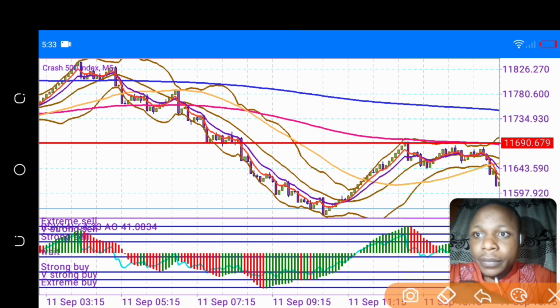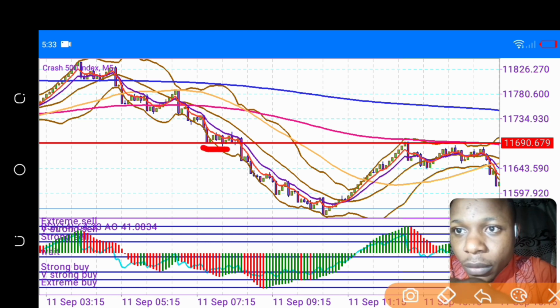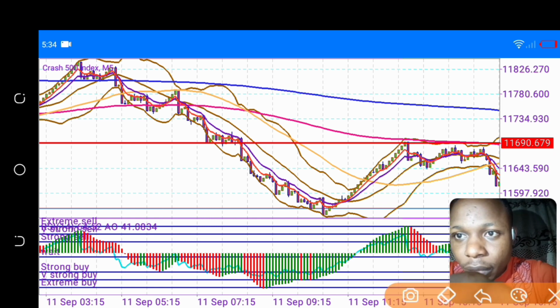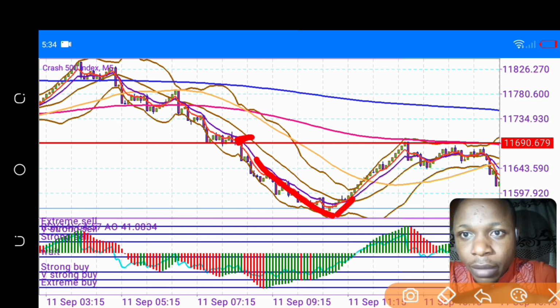You see, so here was still a support, but till then it has not come back to test this level pertaining to this trend. Now see when it came back, when it started buying.